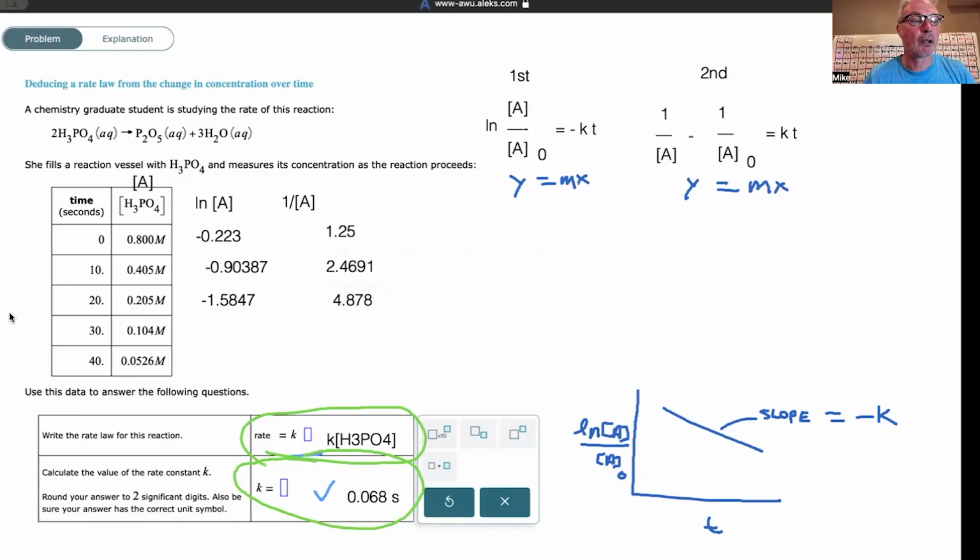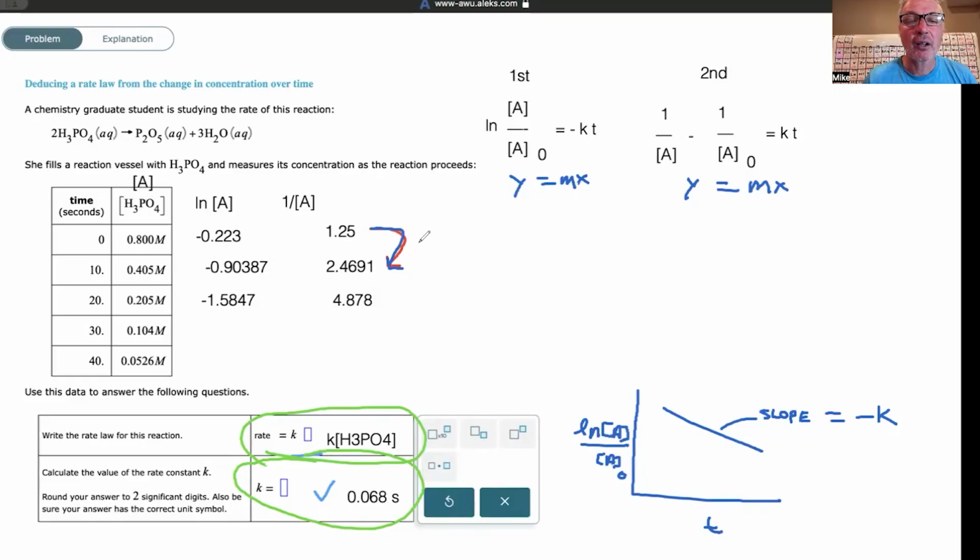What's the interval here? I'll write it in blue colored ink. No, it's red. Whatever. Fine. I want it to be blue. There. Because I want it to be wrong. 2.4691 minus 1.25.